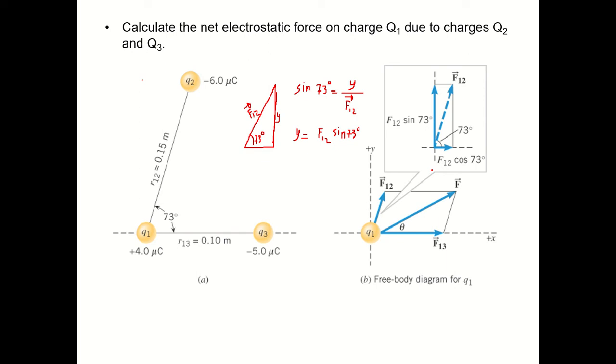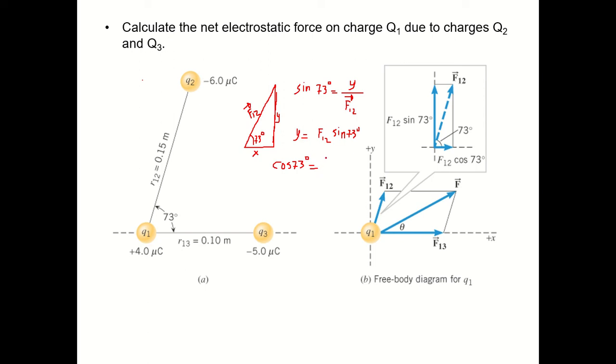Now for the x component, you can have here x. In this case, you use cosine of the same angle, 73 degrees, equal to adjacent.